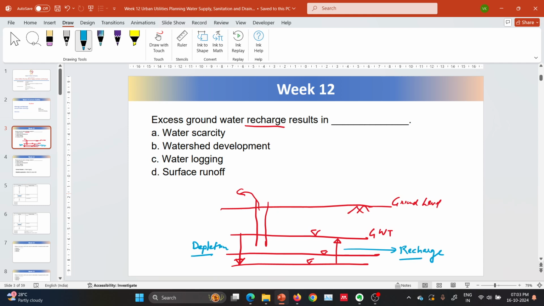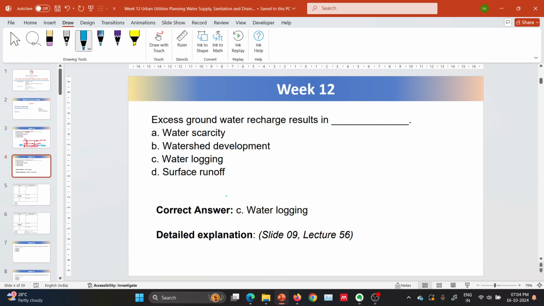So excess groundwater recharge results in, if the water is recharged further, then it can cause water logging. So the answer is water logging.